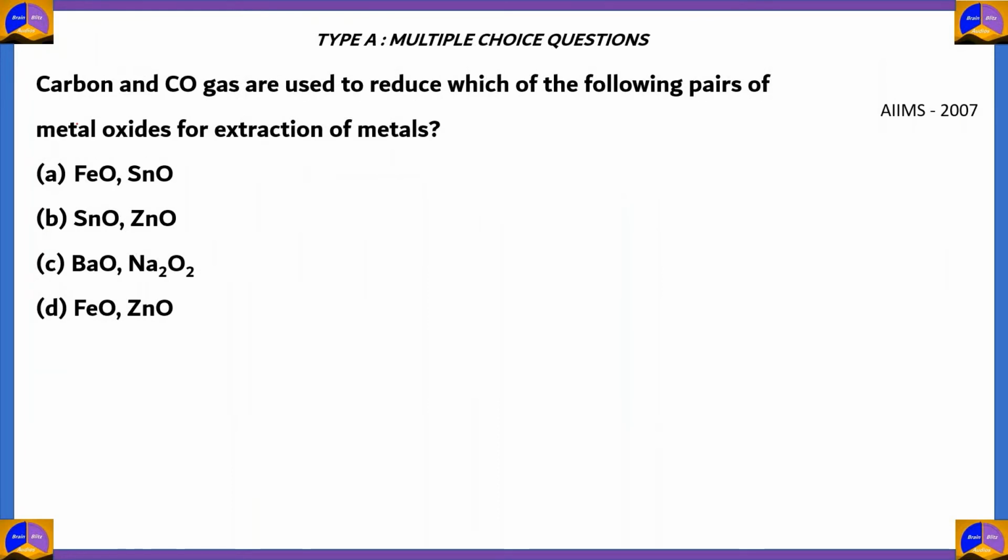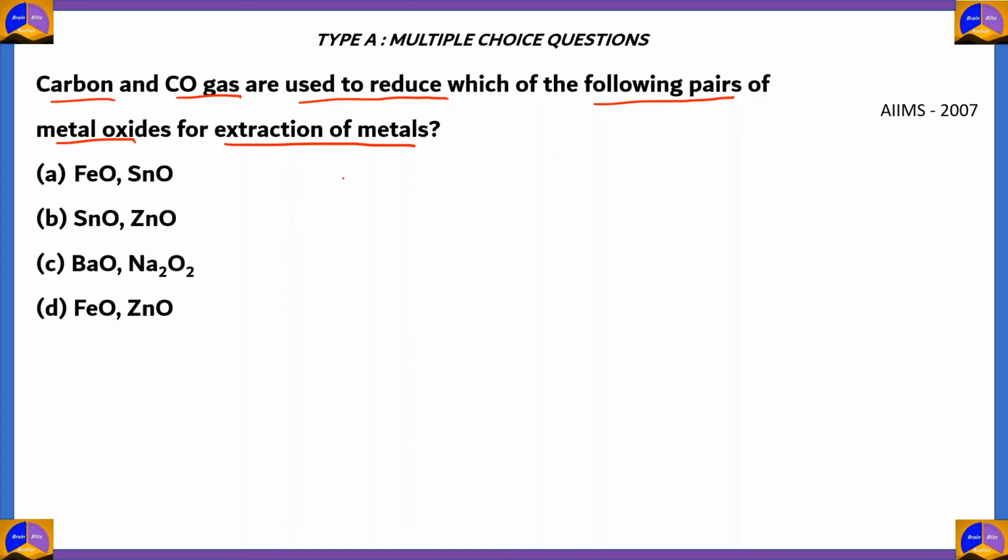Next question. Carbon and CO gas, carbon monoxide gas, are used to reduce which of the following pairs of metal oxides for the extraction of metals? So we need to find out which of these are reduced by using carbon or carbon monoxide. So if carbon is used to reduce them, then carbon monoxide can also be used, however, at a higher or lower temperature.